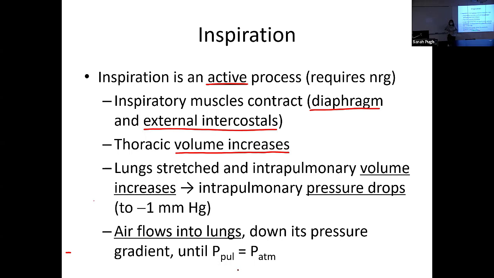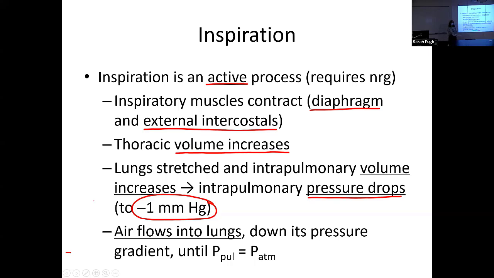So when the volume up here starts to go up, the pressure goes down, and the pressure drops below what's in the atmosphere. And remember, we always relate that intrapulmonary pressure to atmospheric pressure. And if it's lower than atmospheric pressure, it's written as a negative number. So it's written as -1 in this example.